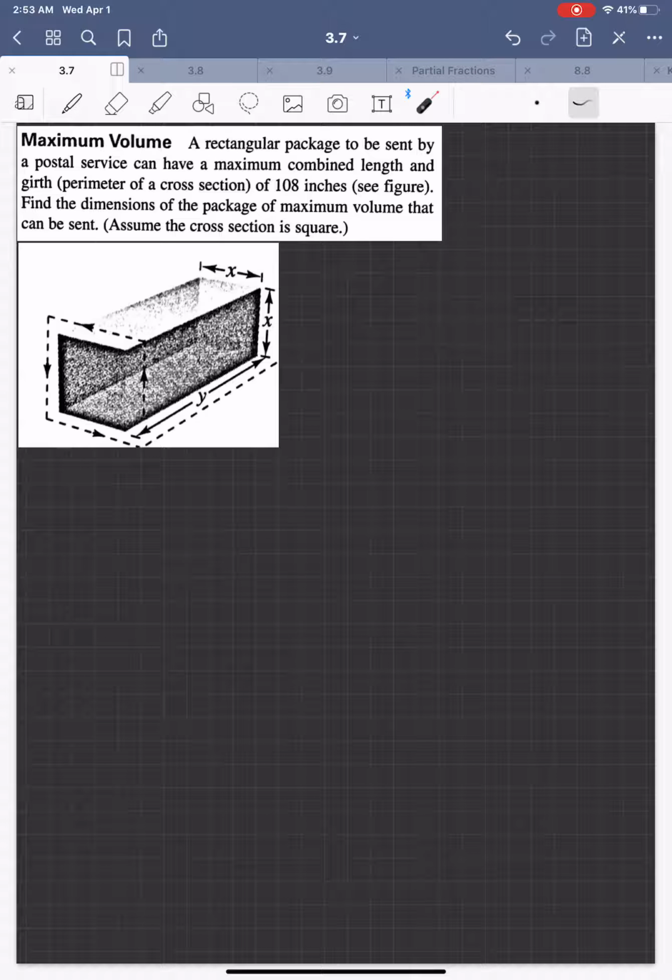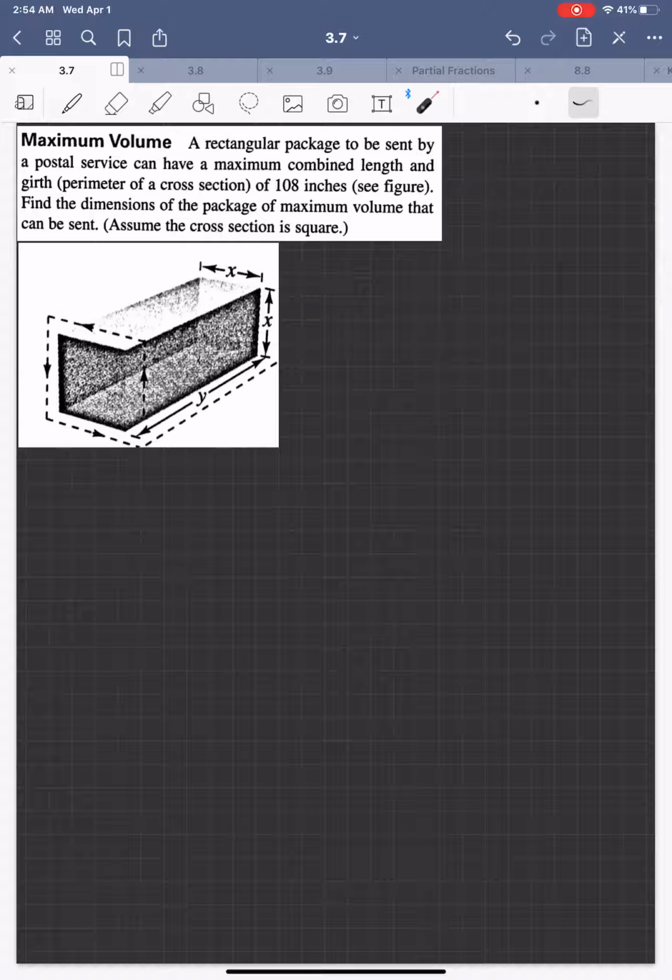So now let me continue to read. You're going to send some type of rectangular package, and you're told that it can have a maximum combined length and girth. Now, what does girth mean? Well, the girth is just the perimeter of a cross section, and I'll make sure you know what that means in just a second. But obviously, this box has a maximum amount of size to be sent. So combined length and girth of 108 inches.